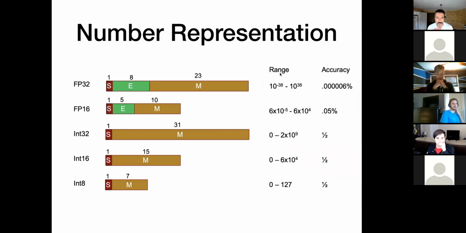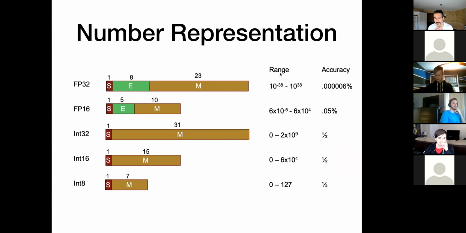And the question is, why does representation matter, right? Obviously, different representations provide different precision or accuracy in terms of representing the actual numbers.